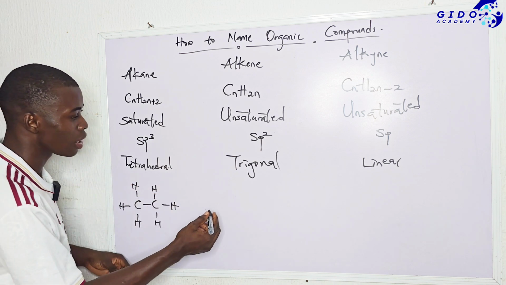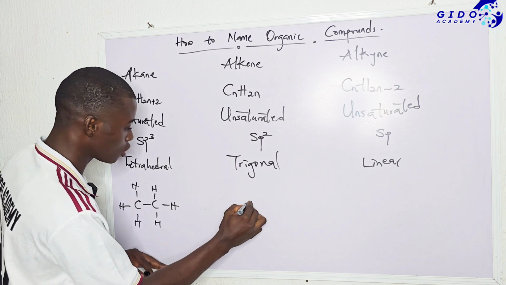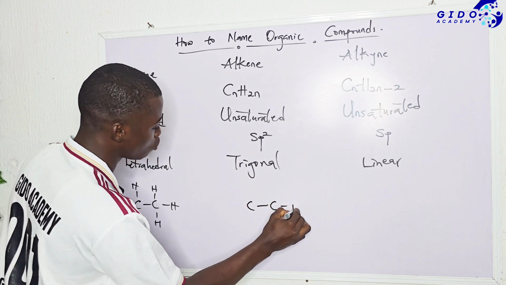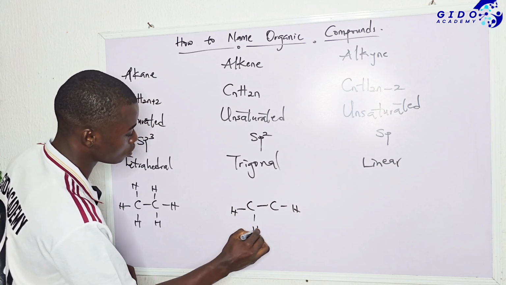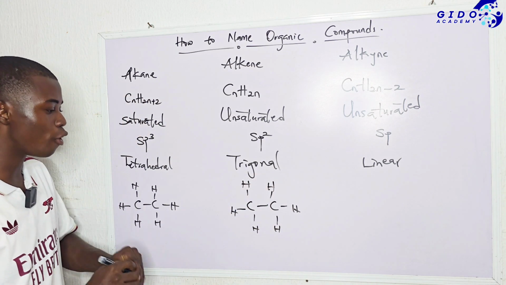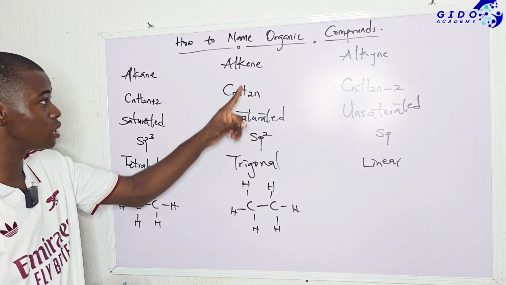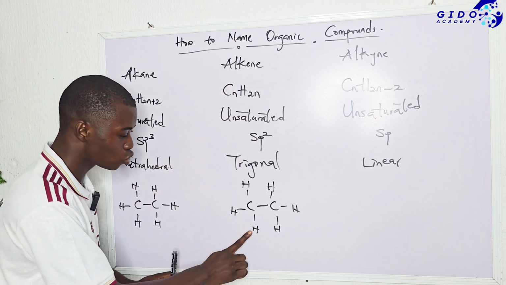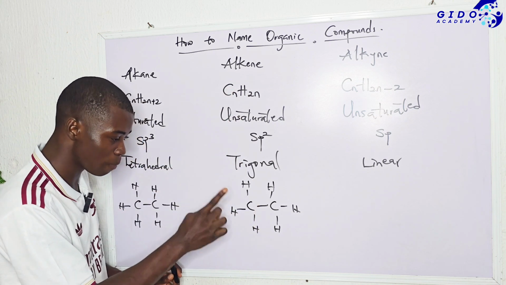Now, for this other structure, let me draw the alkene structure first. For you to form an alkene, which is a double bond, there must be a double bond here.